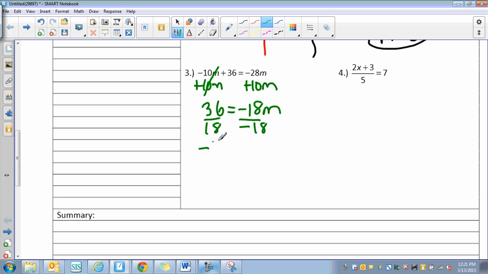So we get negative 2 equals m, which is the same thing as m equals negative 2. And again, we can plug that in and solve to see if we got the same thing on both sides of the equal sign.